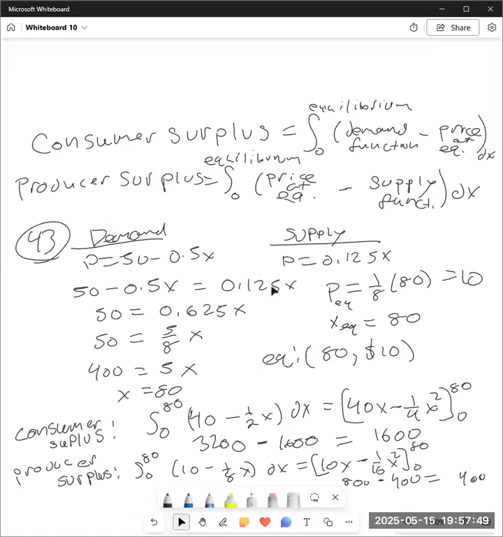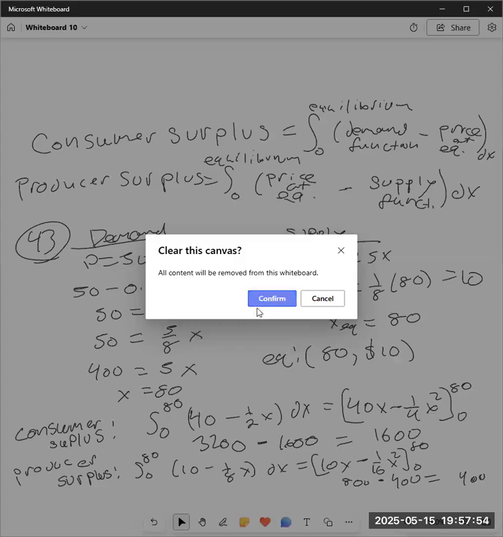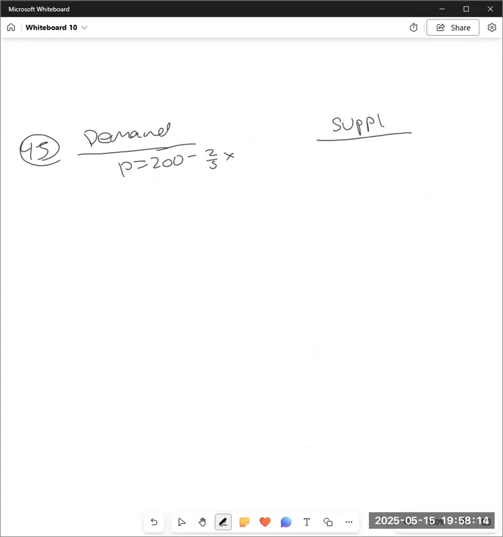Let's go ahead and look now at the next problem, number 45. It has a demand function of P equals 200 minus 4/10, or 2/5 x, and a supply function of 100 plus 1.6, so that's 8/5 x. 200 minus 100 is 100, and 8 plus 2 is 10/5, which is 2.